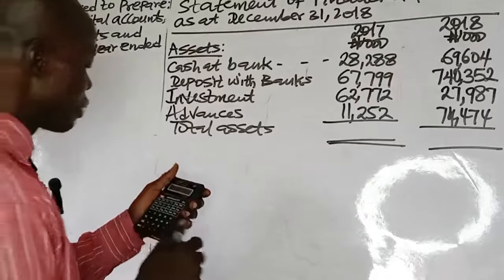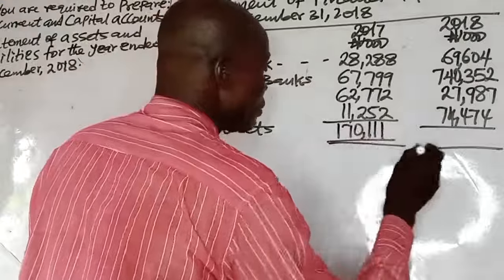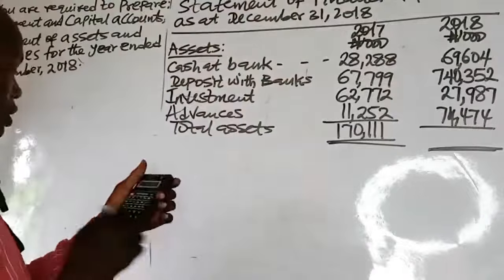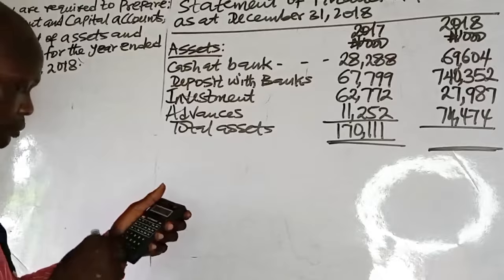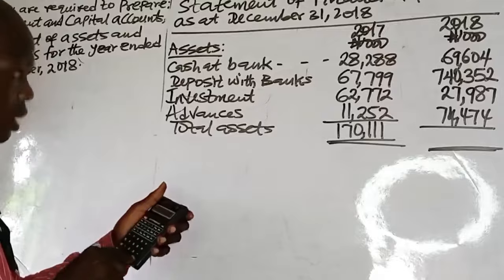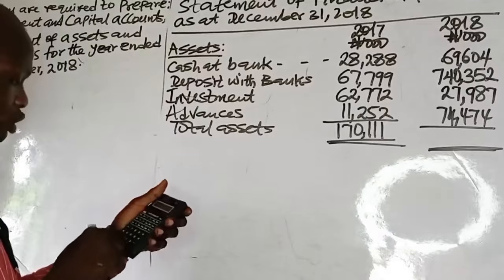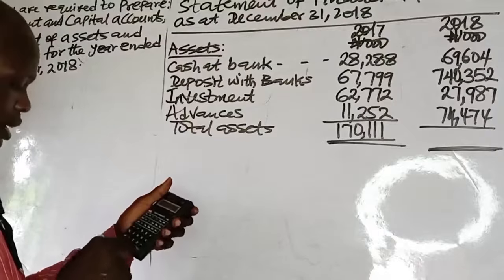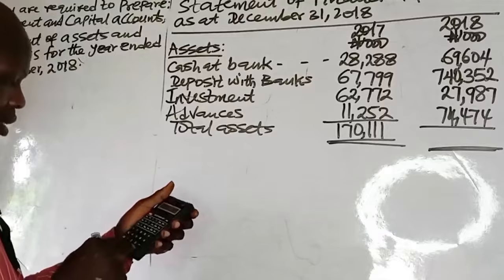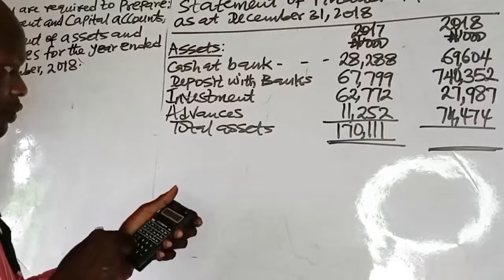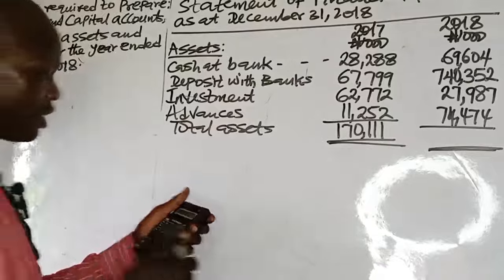Our asset total is 170,111. For 2018, we have 69,604 plus 740,352 plus 27,987 plus 74,474. So we have 912,417.